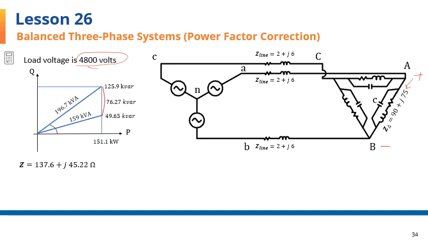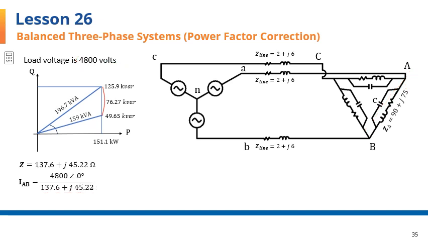And if we divide that by Z, which was found over here, we can get IAB into this branch here. From IAB, then we can find IA because the system is a balanced system and we have an equation for going from IAB to IA. And I'll show that in a minute.